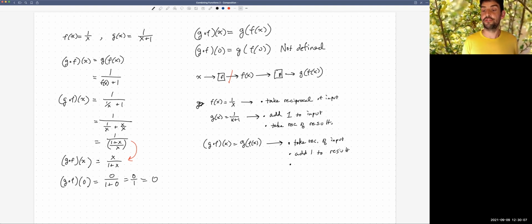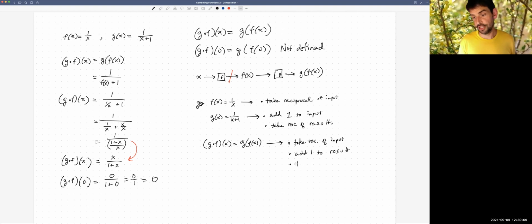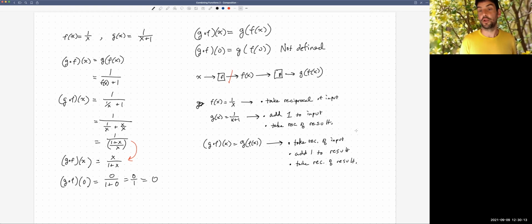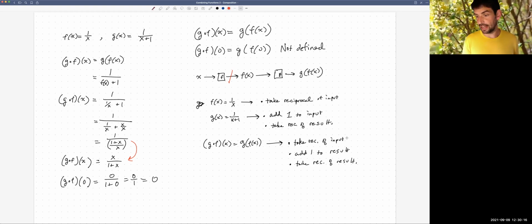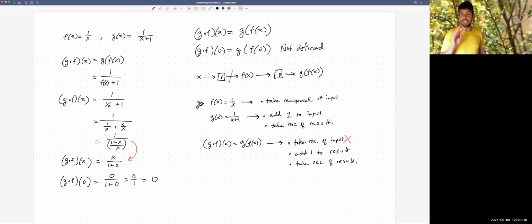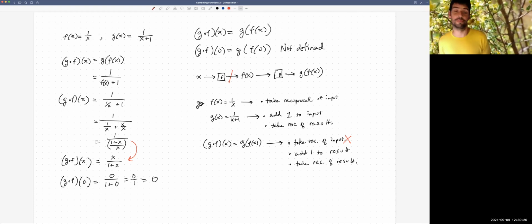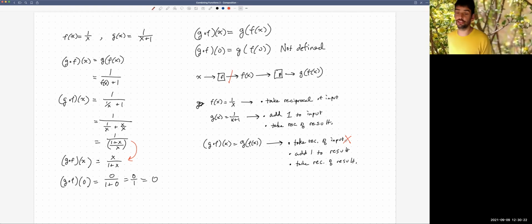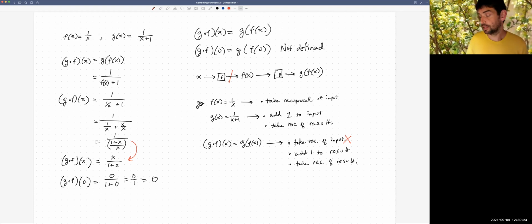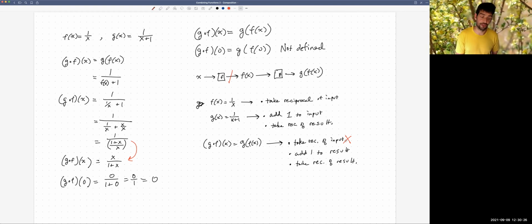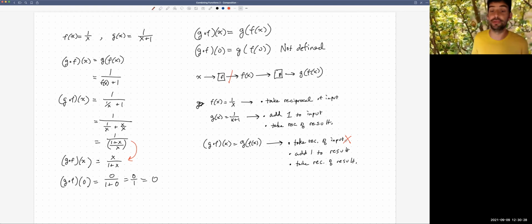Take the result of f and put it in as the new input to g, take the reciprocal of the result, right? A problem, again, is that at this first step, the input 0 doesn't have a reciprocal. And so in this new set of instructions, we have a problem in the very first step. This is another good way to think about composition.